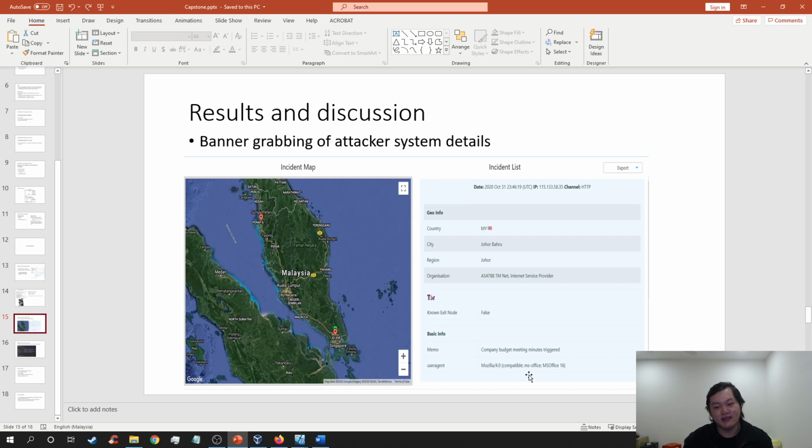Like in this case, in this screenshot example here, we know that the attacker is accessing the file using Microsoft Office.